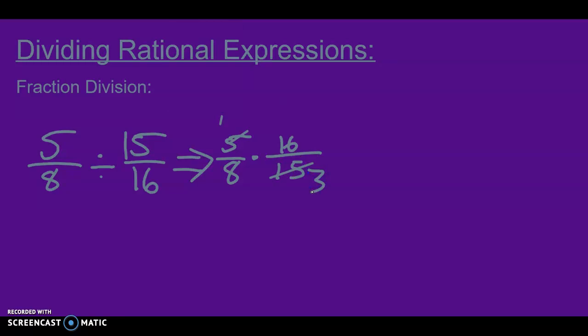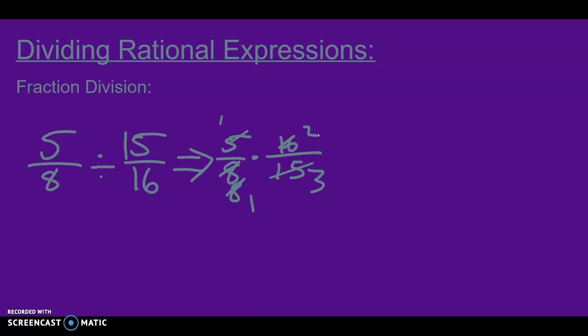We also can cross reduce the 8 and the 16. 8 and 16 are both divisible by 8, so I can cross off the 8 and turn it into a 1, and 16 divided by 8 is a 2. So we reduce everything we can on top with everything we can on bottom.